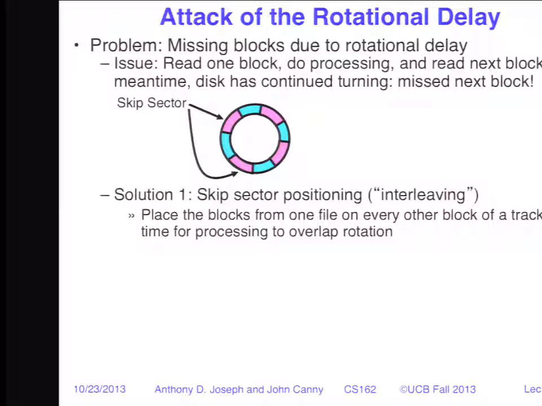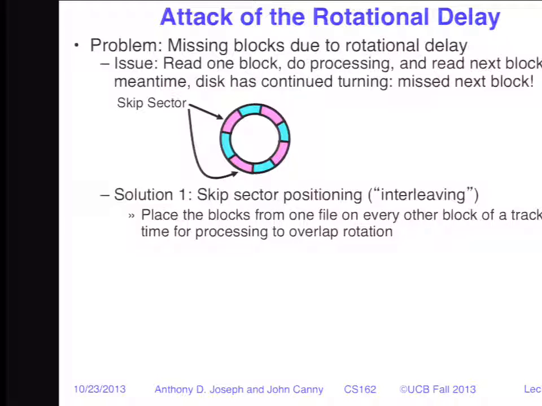So the idea is that if these are our sectors on the disk, rather than storing our blocks one after the other, we're going to alternate them. So first block 0 will go here, then block 1, then block 2, then block 3, then block 4, 5, 6, 7.